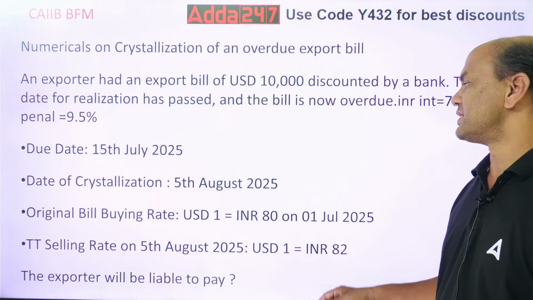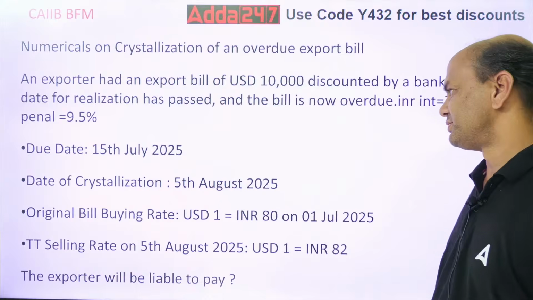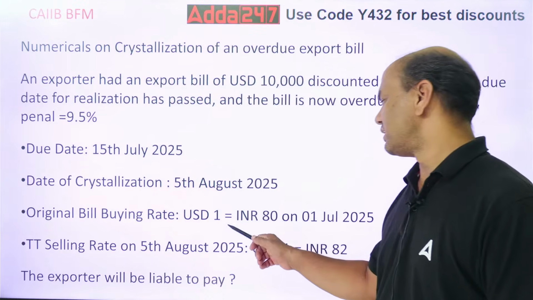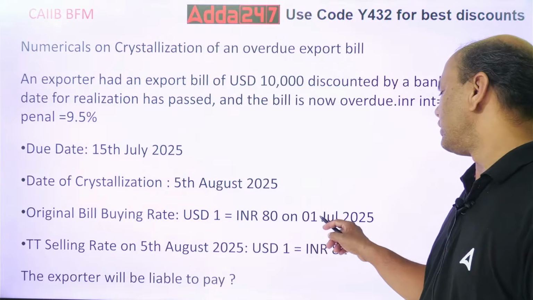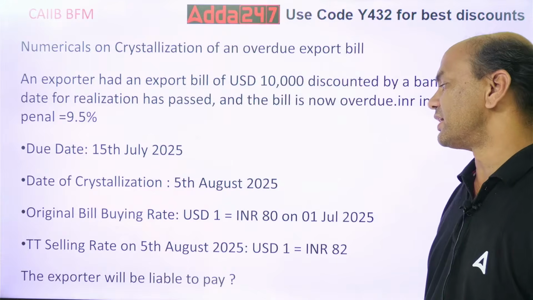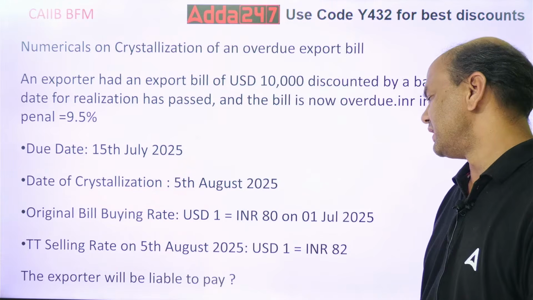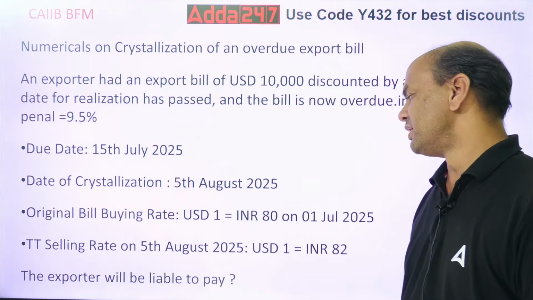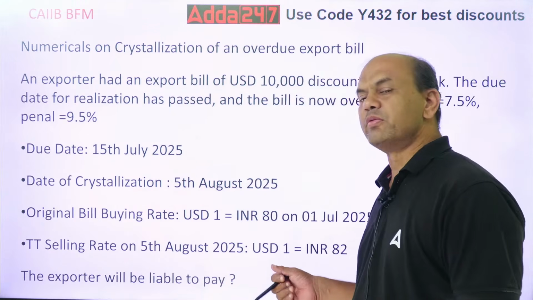Date of crystallization 5th of August. Original bill buying rate USD 1 equals to INR 80 on 1st July 2025. TT selling rate on 5th August is USD 1 equals to INR 82. The exporter will be liable to pay what amount?